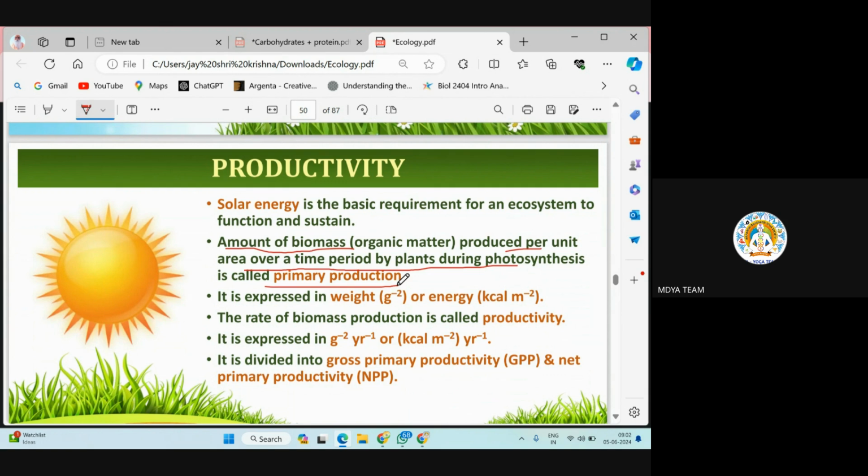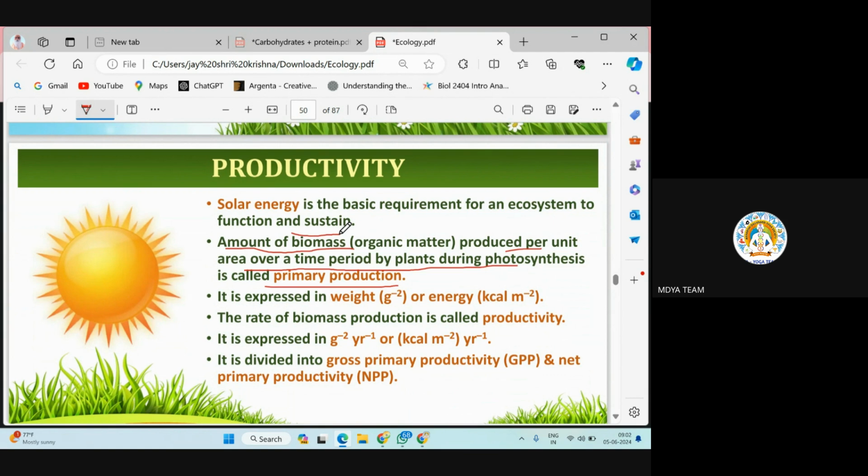Is it clear? Sir, can you just repeat it once again? Yes, sir. Okay, so primary production is the amount of biomass. You know what biomass is?